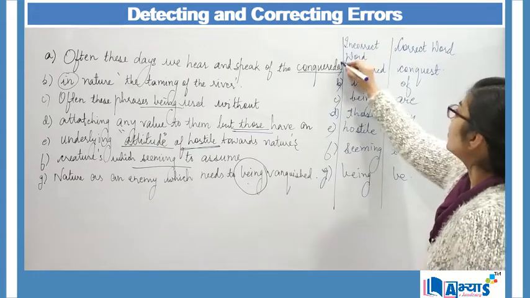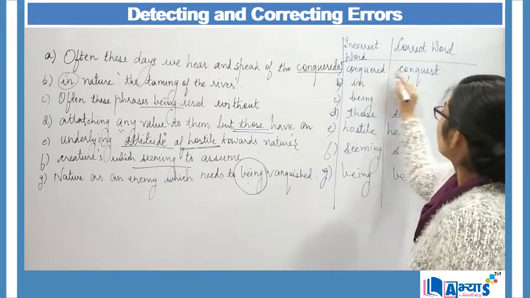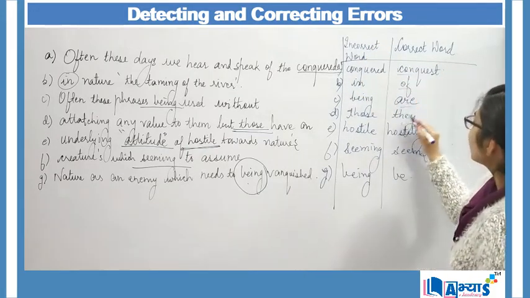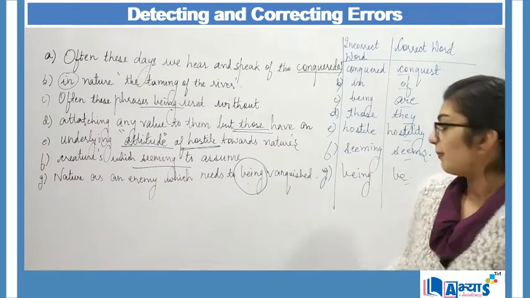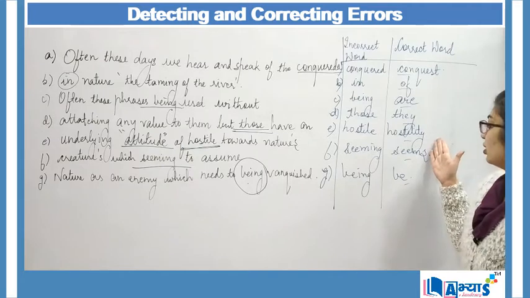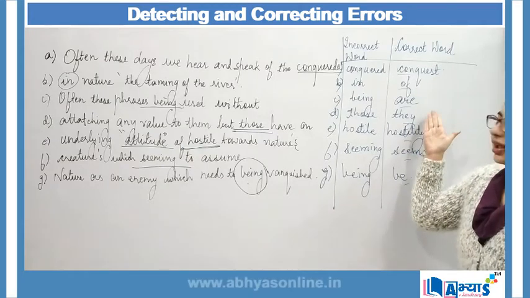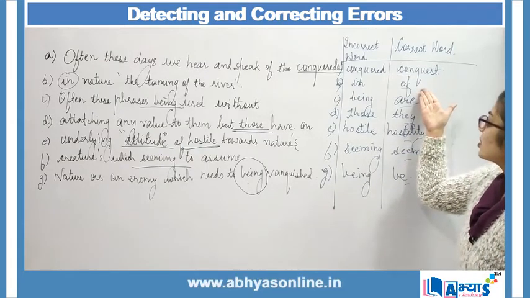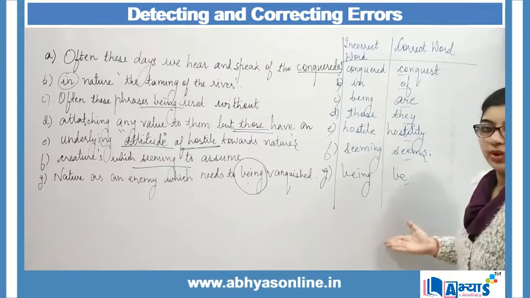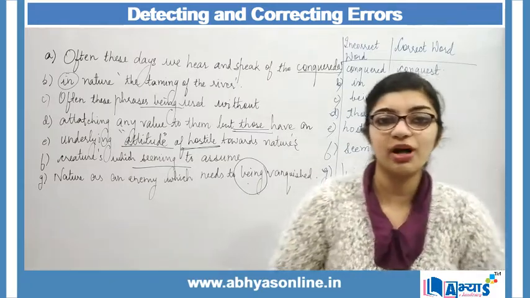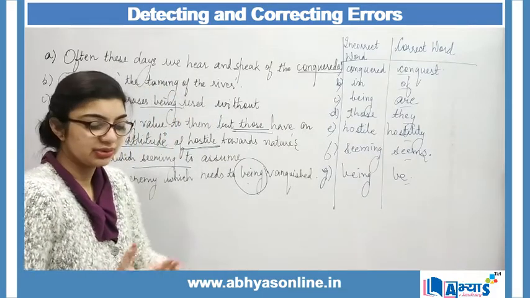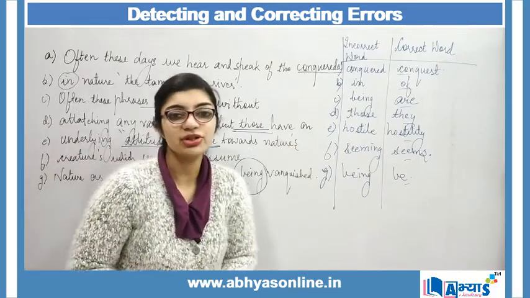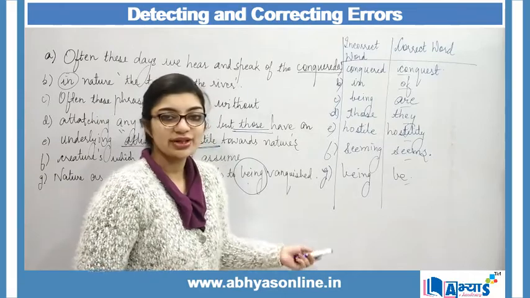Here you can see that these are the correct words and these words belong to different topics of English, be it noun, be it pronouns, they can be prepositions as well, they can be verbs as well. So here we have covered every topic which can contain error. It can be noun, pronoun, prepositions, verbs, etc.